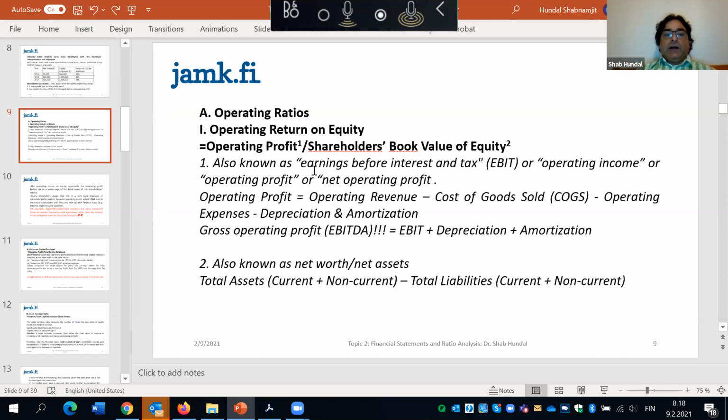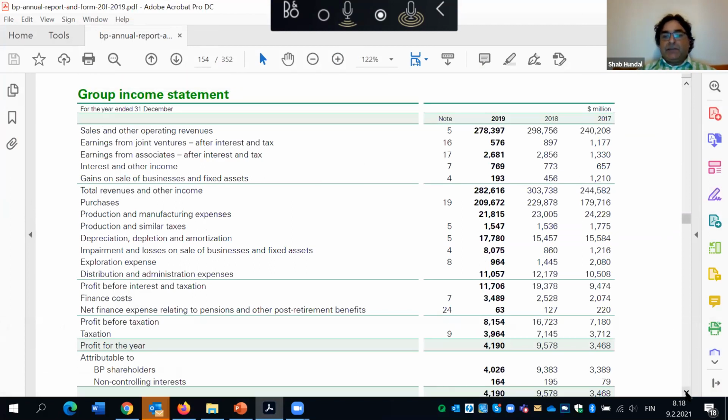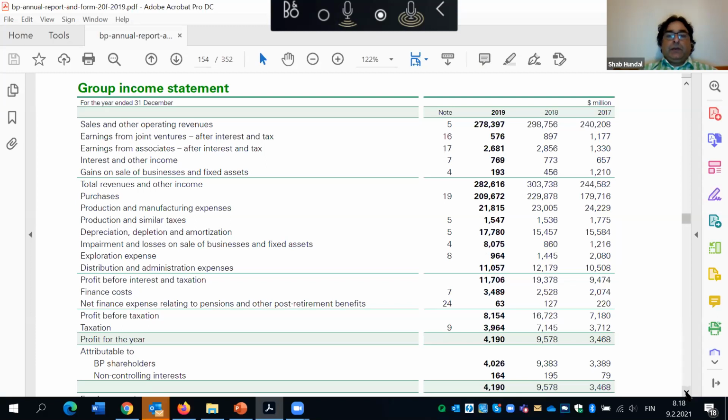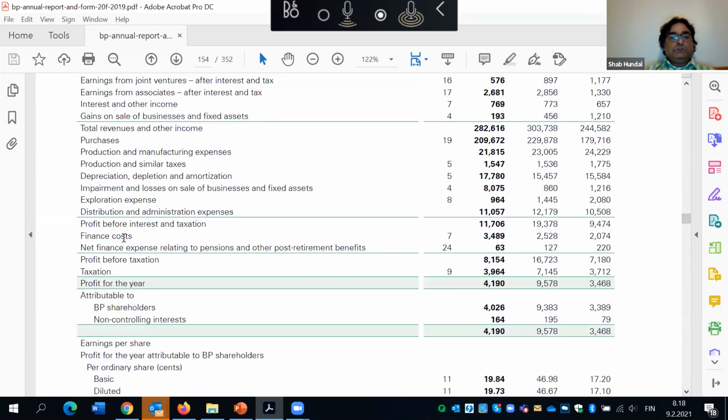But very quickly, I want to calculate this ratio for my case company, which is BP. So for some time I'm ignoring the slide, and I'm going to take you to BP's website. I already have the income statement. And remember that the operating profit comes from the income statement of BP.